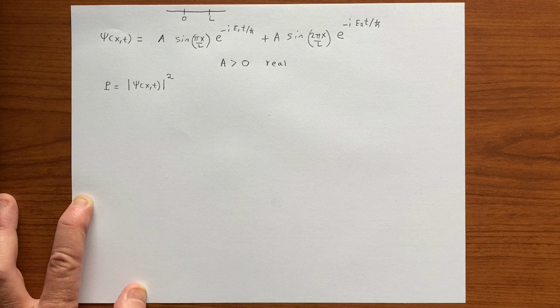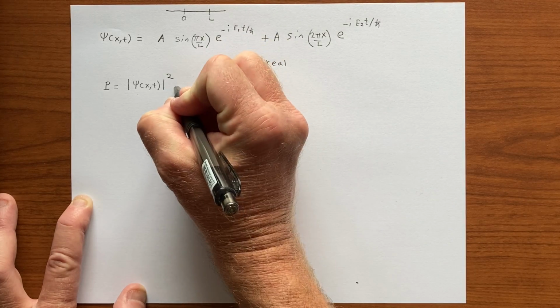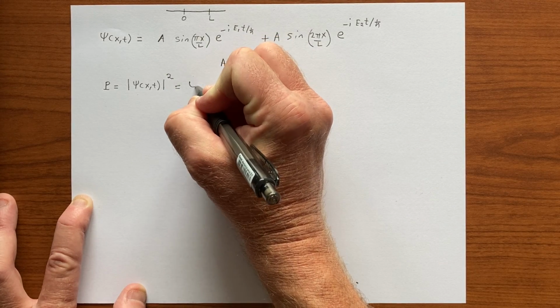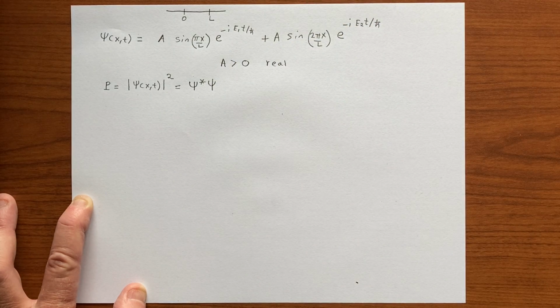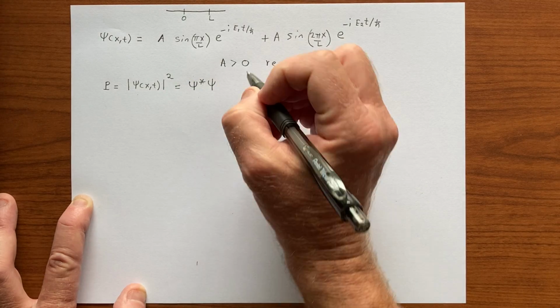So the probability density is psi star psi. So we have to evaluate those two things. So what does that look like?